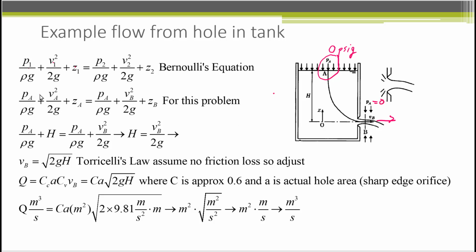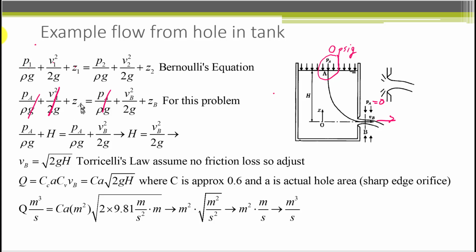So we can drop out this term and this term. We can also say that the velocity at point A, the liquid level, is going to be very small compared to the velocity coming out here. So we can approximate VA as also 0.